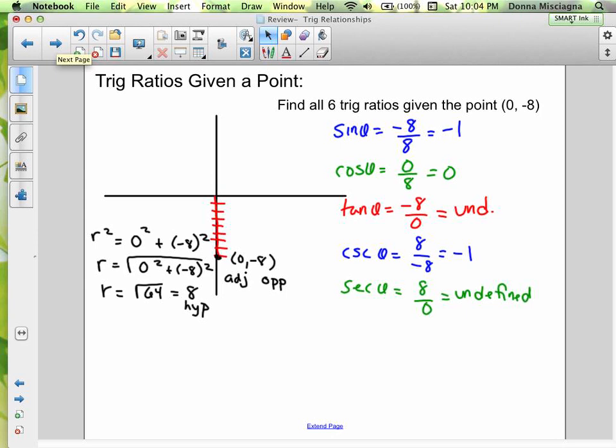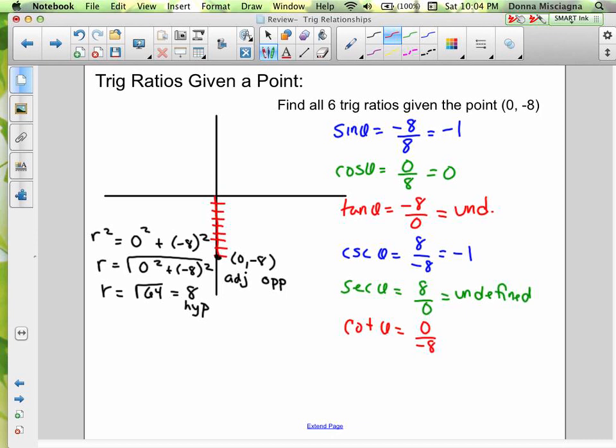And then finally, let's find cotangent, which is the adjacent, which is 0, divided by the opposite, which is negative 8. And what's that equal? 0. So notice we got two values that are 0, two values that are negative 1, and two values that are undefined.